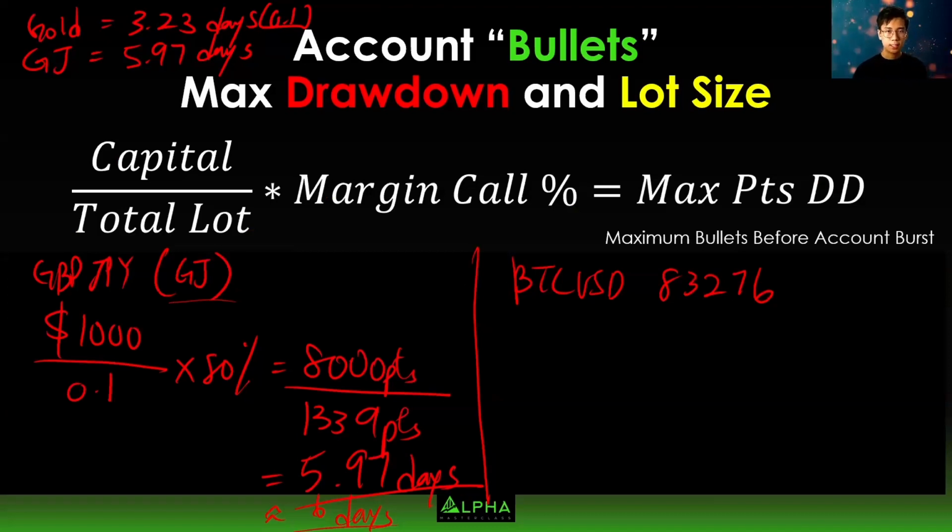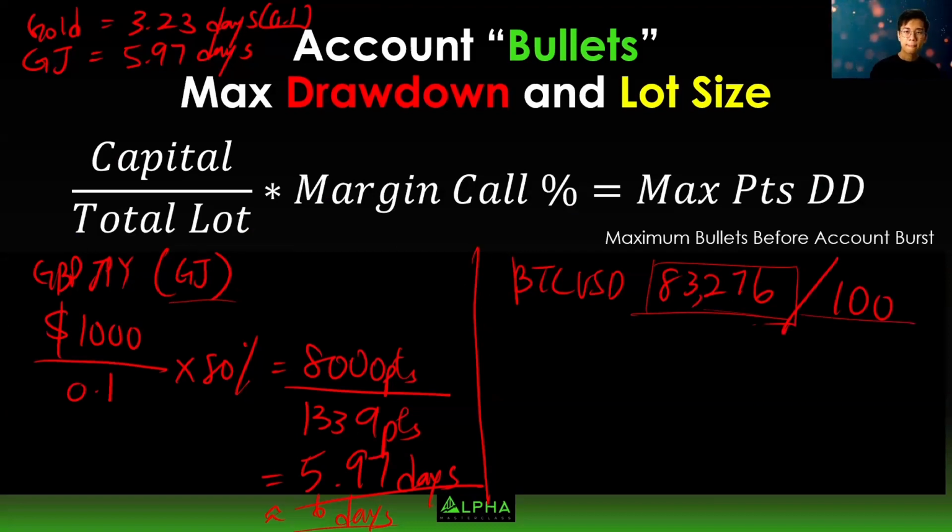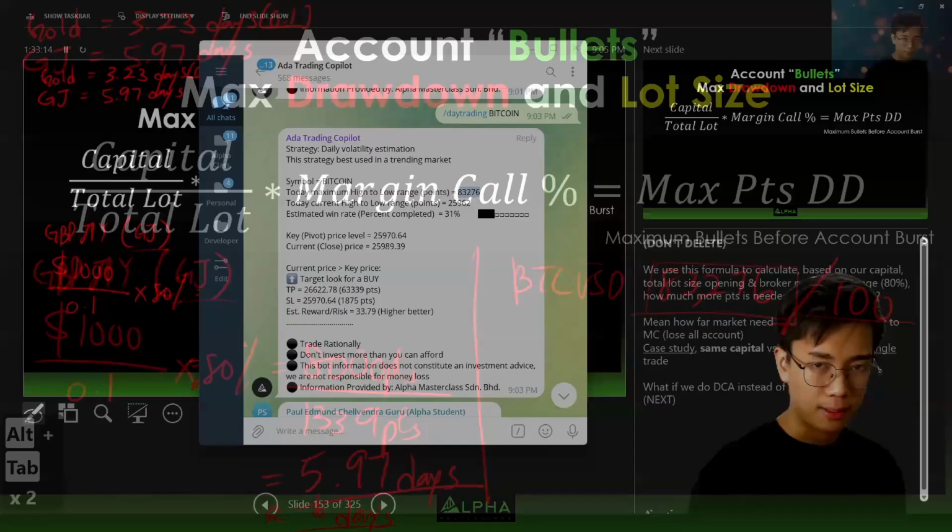So in a way, the number that you get from Telegram, TradingView, sorry, the ADA Copilot, you divide by 100. You can divide by 100. How to know this? Okay, here you see like this.